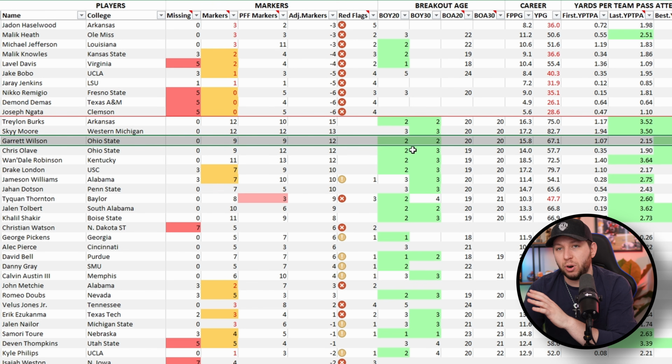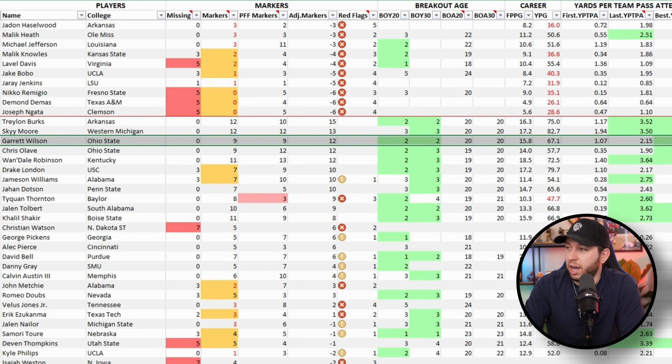So before, when I was using breakout age, he would not have gotten a point for the 20% breakout because I wanted to see it at either age 18 or 19. He did it at 20. But now that I'm using breakout year, that counts as a 20% breakout for him because it was as a sophomore in year 2. So we love to see that.